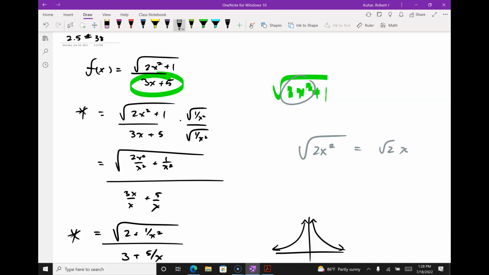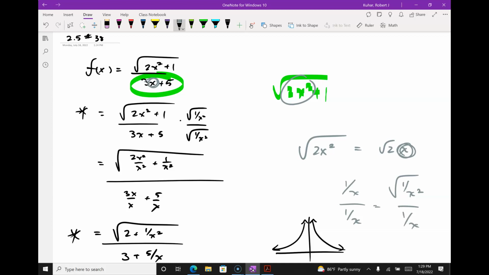So in the long run, we're just thinking about what's that highest power. The highest power I have upstairs is an x, and the highest power downstairs is an x. So I'm really dividing by x, 1 over x. But when I put that inside the square root, it becomes 1 over x squared.